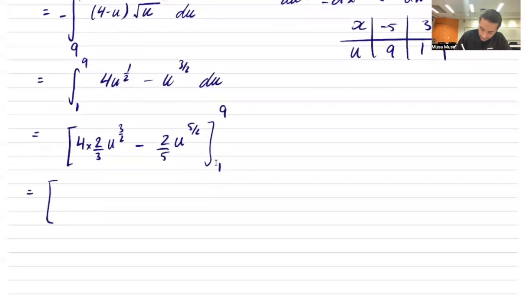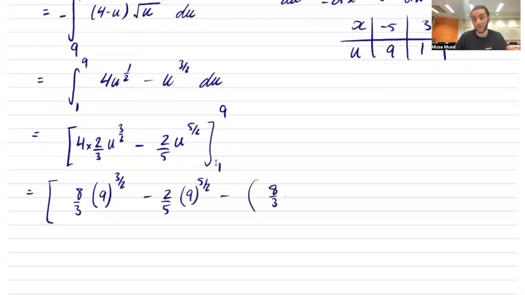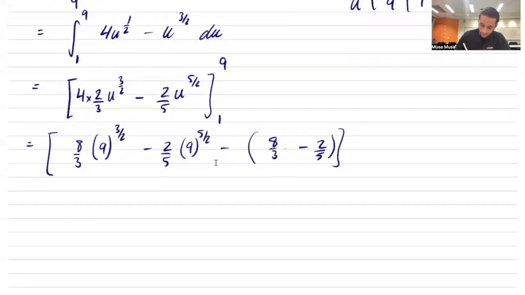So subbing in, you have 8 over 3, 9 to the 3 on 2, minus 2 on 5, 9 to the power of 5 on 2, minus, and then it's 8 on 3. I guess 1 to the power of anything is just 1, then minus 2 on 5. Okay. Let's see how good our mental math skills are here.